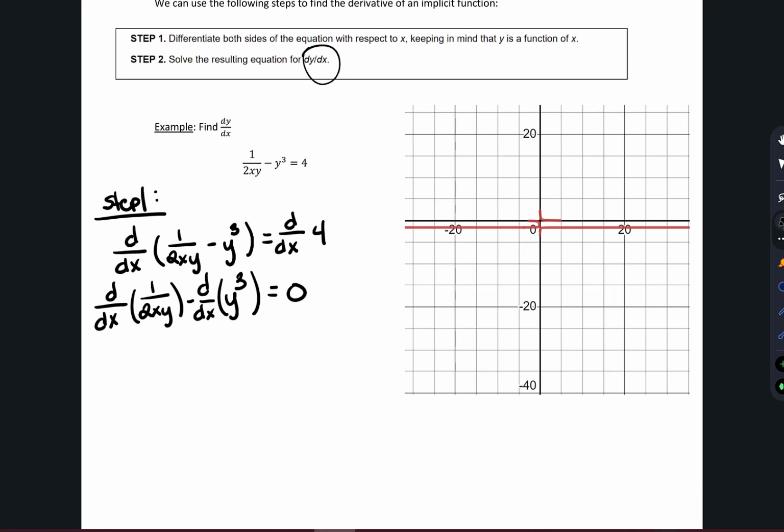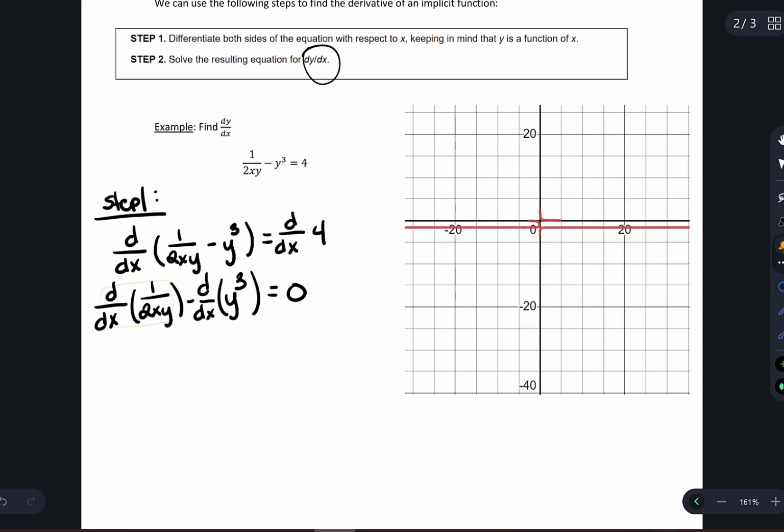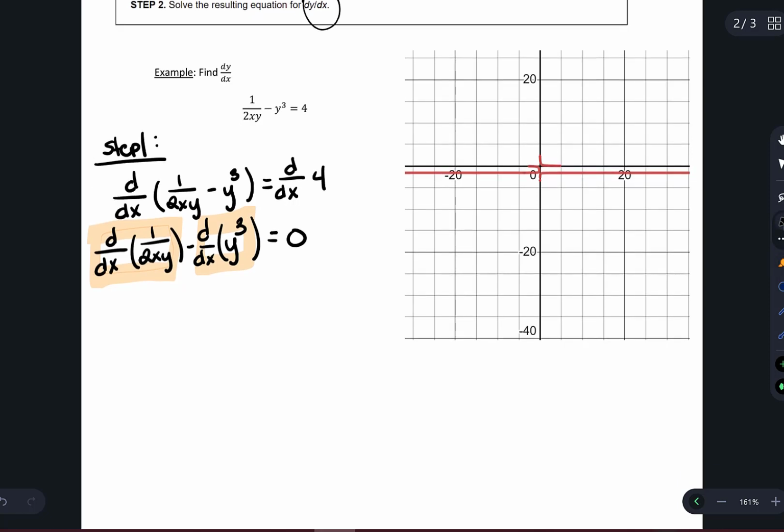Now, to make this a little bit easier for myself, I'm going to probably want to not have this fraction, so you're going to see I'm going to change that here in just a second. Now I've got two different derivatives here. I've got the first one and I've got the second one. So what I'm going to do is find these two derivatives separately and then put the whole thing together.